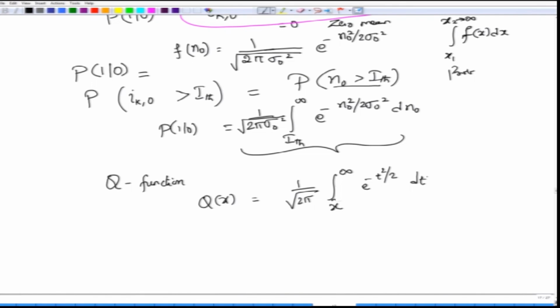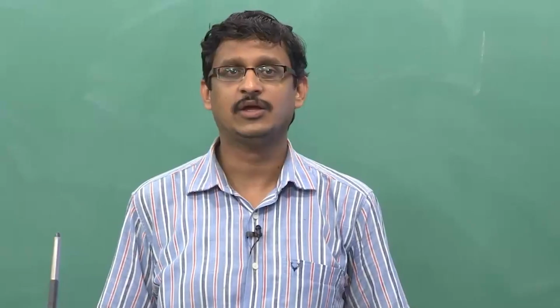So, this particular Q function is simply telling you the probability that a 0 mean, unit variance random variable will take on a value that is greater than or equal to x. You can rearrange this one, we are going to talk about that in the next module, and complete the expression for the probability of error.